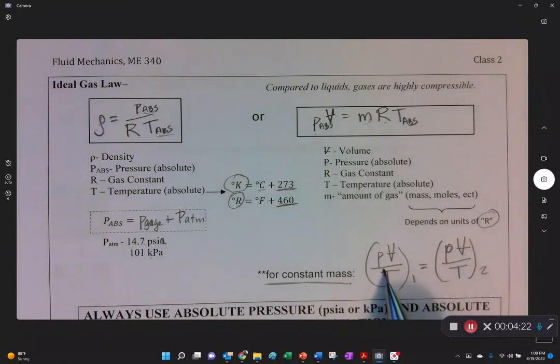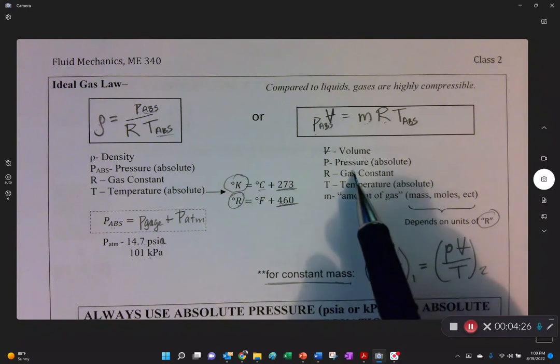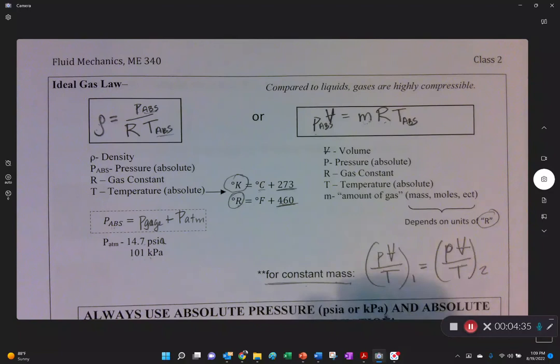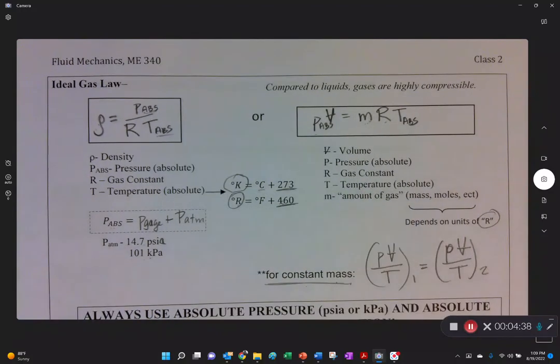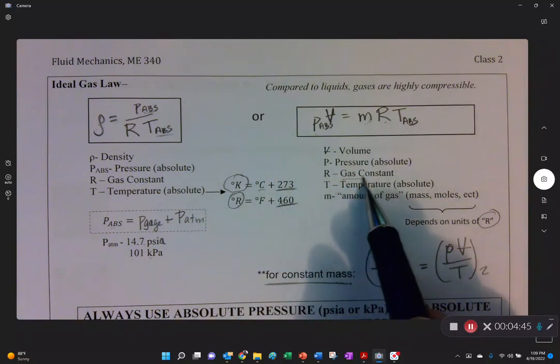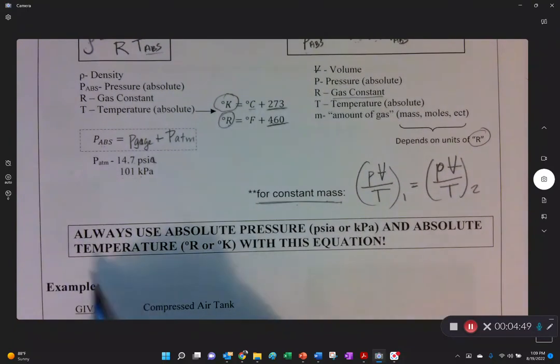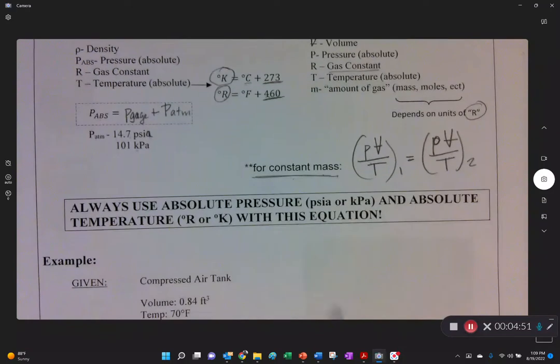So you can move from one state to another as long as it's the same mass. Now there are instances where we have to assume this gas constant is constant. I think there are extremes where that doesn't really hold. But remember, this is the ideal gas law, so an ideal gas is by definition one that has a gas constant that is constant. I just want to emphasize, always use absolute pressure and temperature, right?